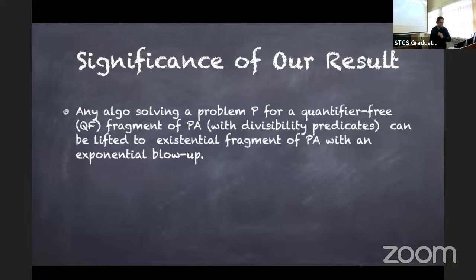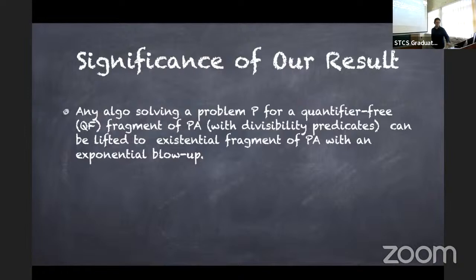And the significance of our result. Of course, we do not solve the full quantifier elimination problem. We only eliminate the block of existential quantifiers. But it still has some significance. Any algorithm for a problem P for the quantifier free fragment can be lifted to the existential fragment.